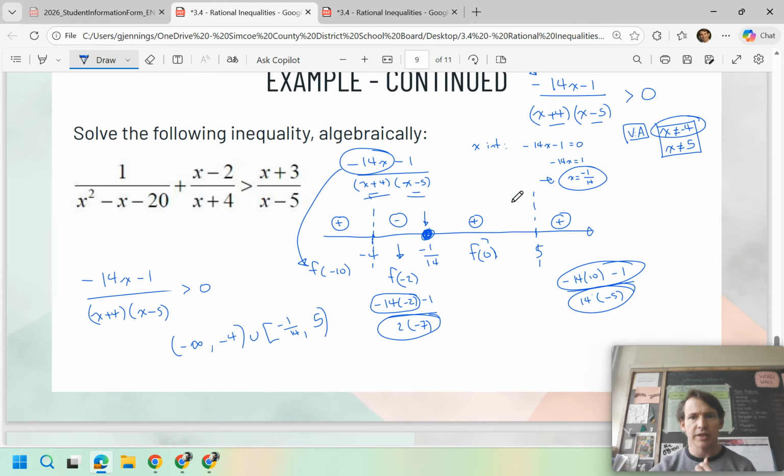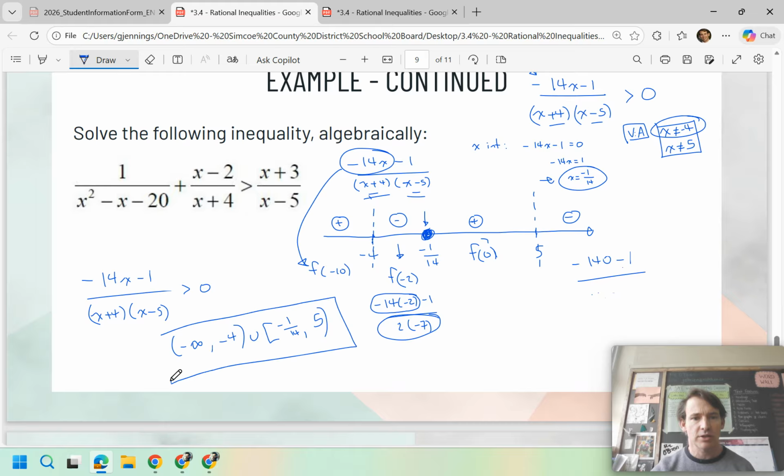So I feel that this sign wants to be negative. I have two errors in here. Let's test it again. So f at 10, we have minus 140 minus 1, which is negative, over a positive number. So that is indeed negative over here. So it is this final answer, and we make it make sense in that way.